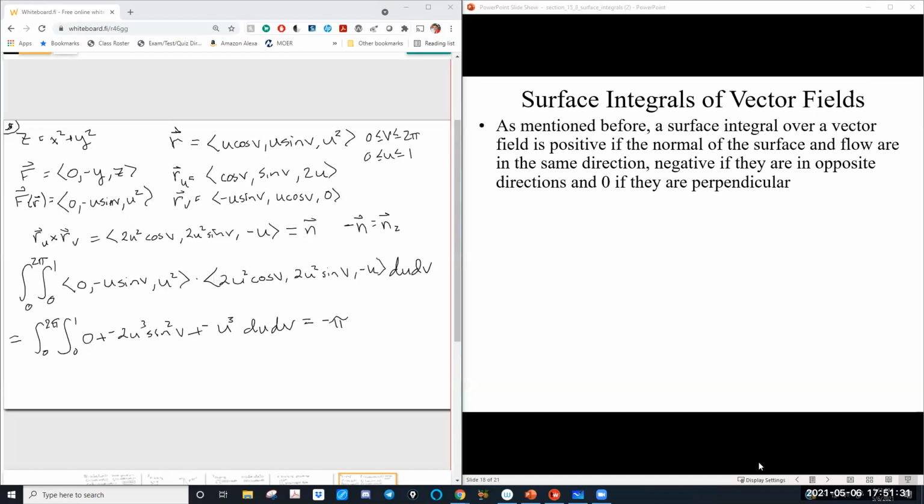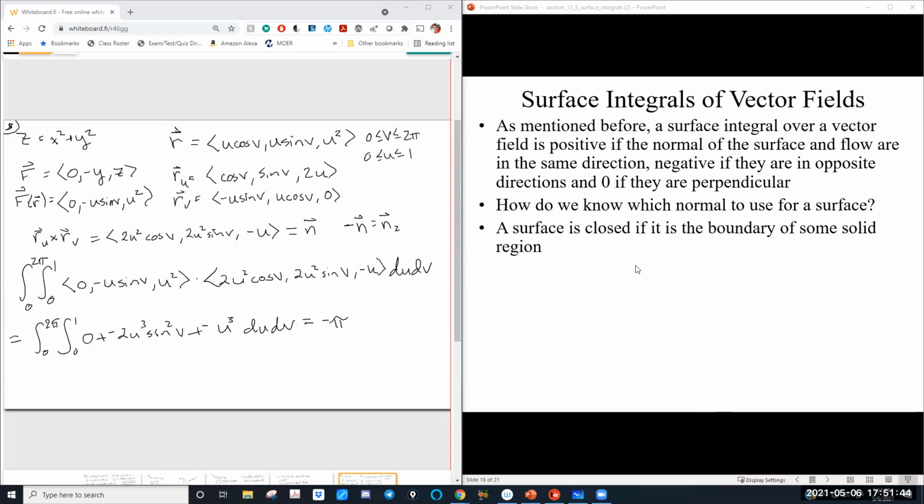So once again, the surface integral will be positive if the flow is in the same direction as our normal vector, negative if it's in the opposite direction, and 0 if they're perpendicular. And again, how do we know which normal vector to use? Because any surface has two normal vectors at any given point.